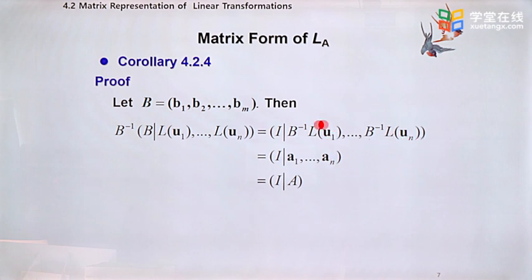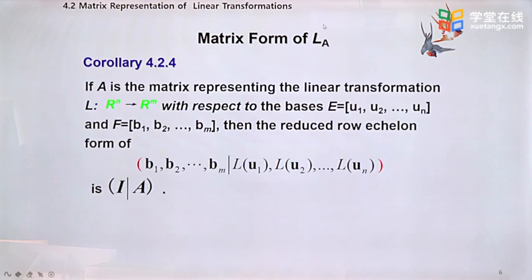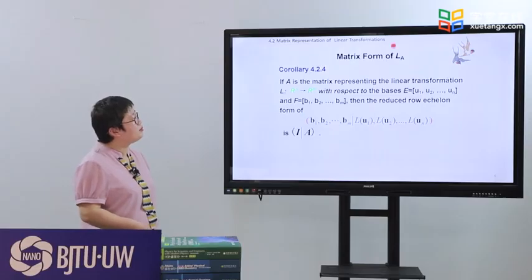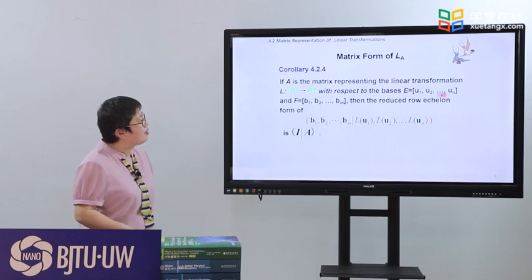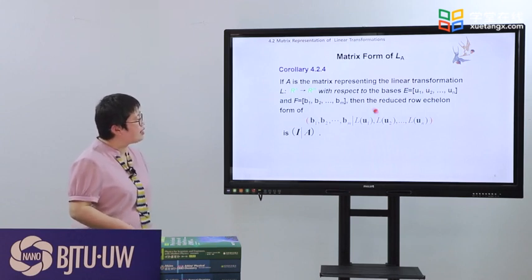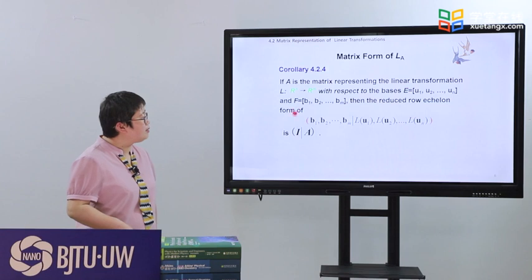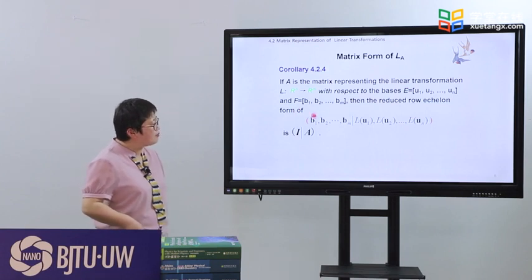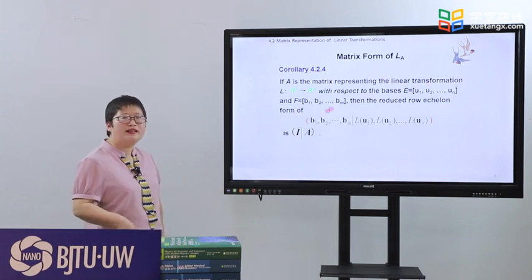And we know B inverse L(U1) is just the first column of A, and B inverse L(Un) is just the n-th column of A. So if you want to compute the matrix representing the linear transformation L, you can just write the augmented matrix and transform the left part to identity matrix. The right part is just A.